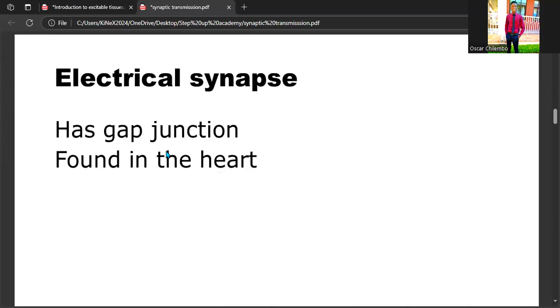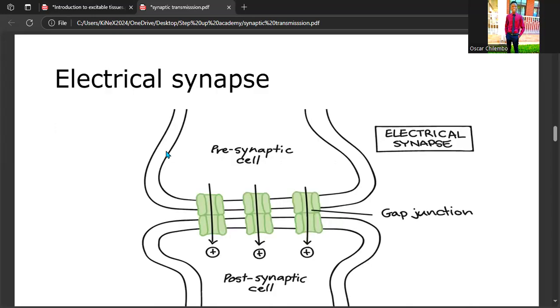Okay, so the electrical synapse has gap junctions and it's usually found in the heart. Later on we'll differentiate it from the chemical synapse. In the electrical synapse, there is a direct connection between the presynaptic cell, which is more like the axon terminals, and the postsynaptic cell, which is more like the dendrites receiving the signals.